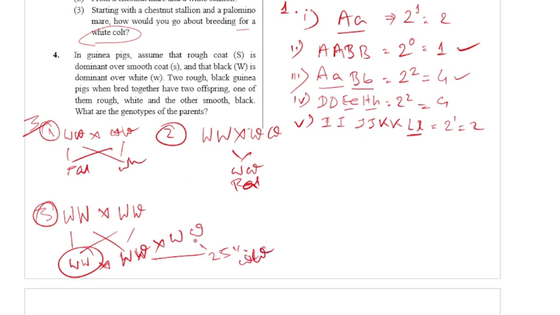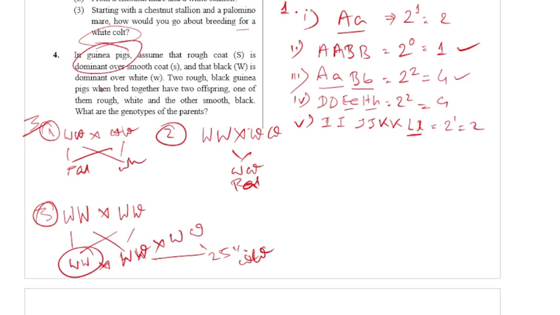So from this selfing, oh sorry, this is a guinea pig, not a horse. Because it is an evolutionarily higher animal, we cannot self fertilize, but we can fertilize with a similar type of genotype.